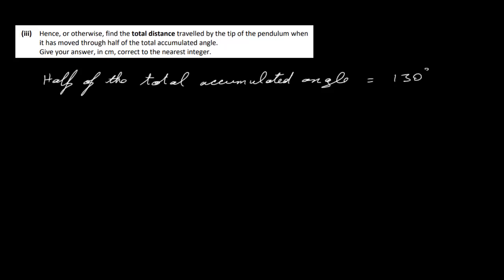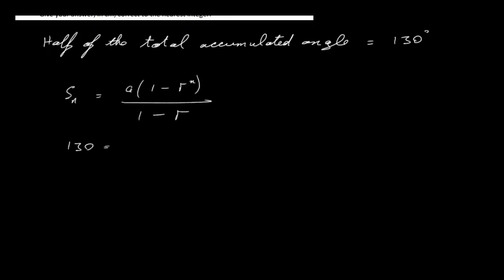Okay, so we're going to use this formula here now, the sum to n, which is equal to a times 1 minus r to the power of n divided by 1 minus r. So we know that the sum of our angles is going to be 130 in this particular case.